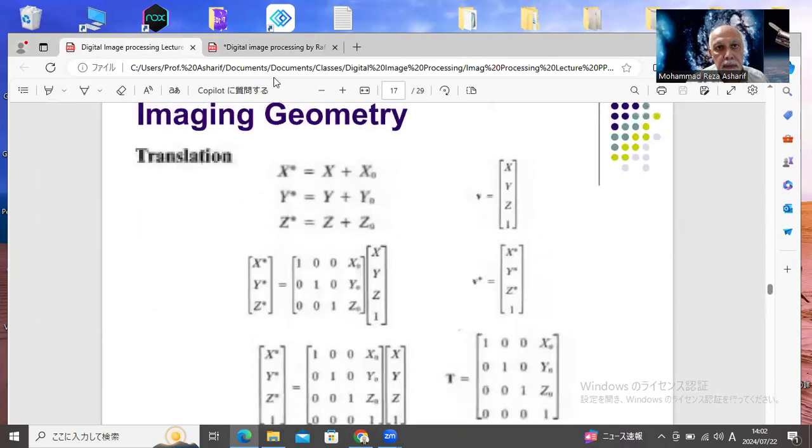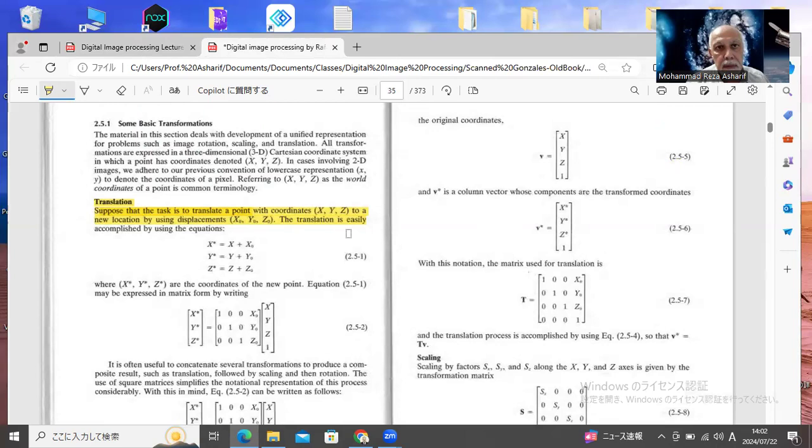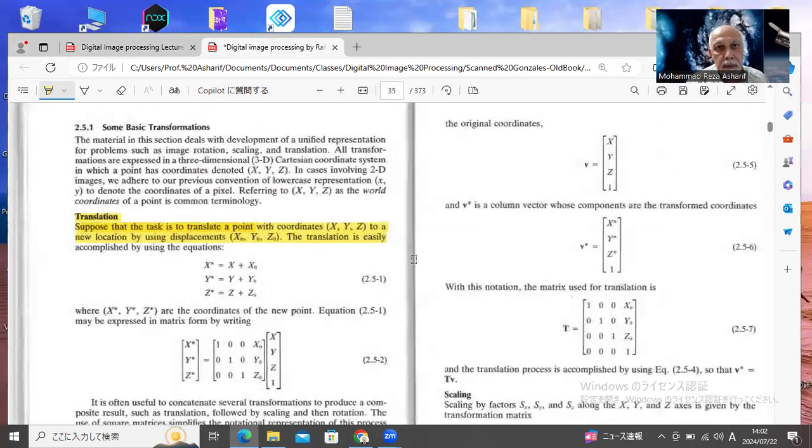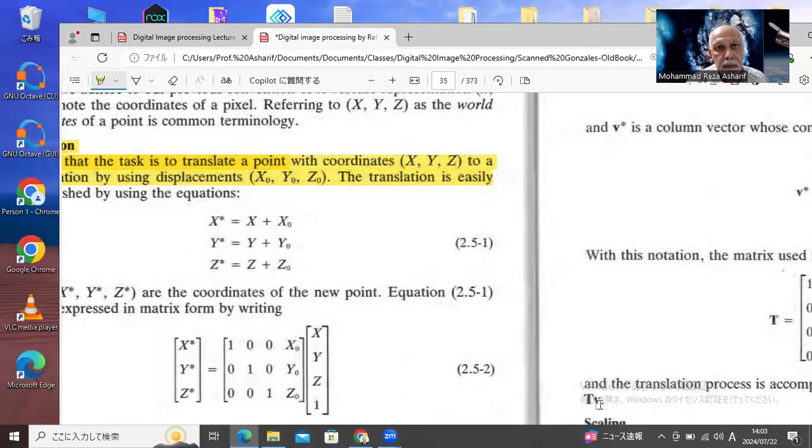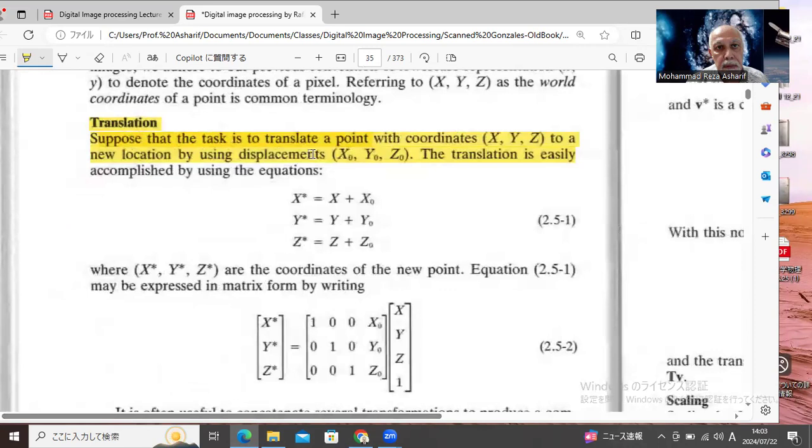For instance, the original point x, y, z moves to a new location x0, y0, z0.